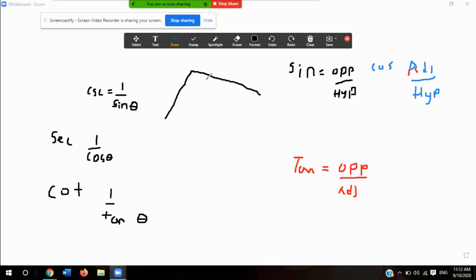Let me make sure I write that 90-degree angle correctly. And we have the hypotenuse, which looks kind of like this. Okay, not bad.